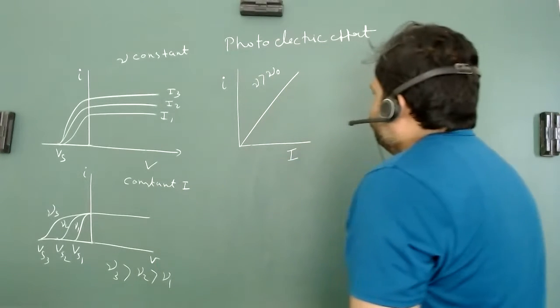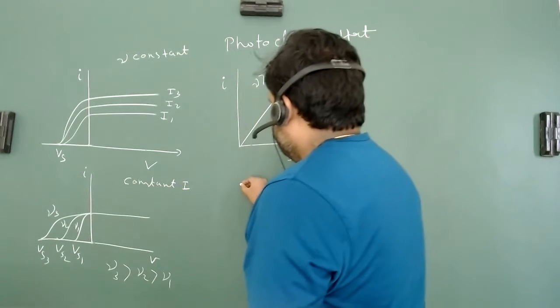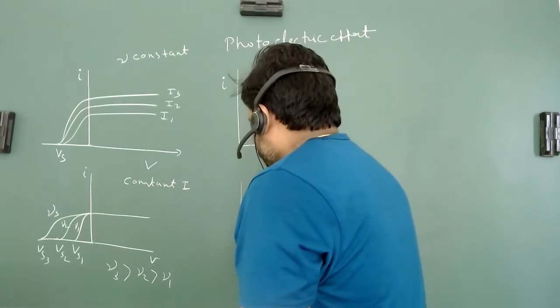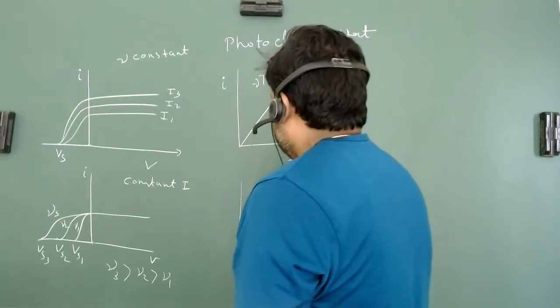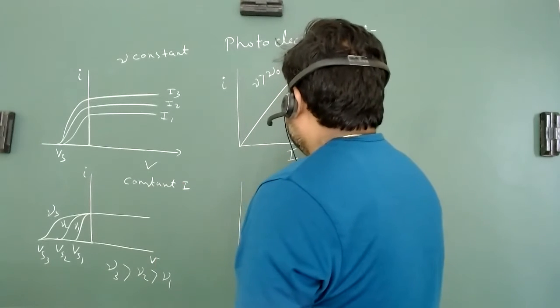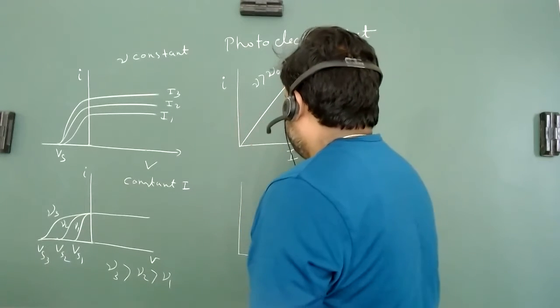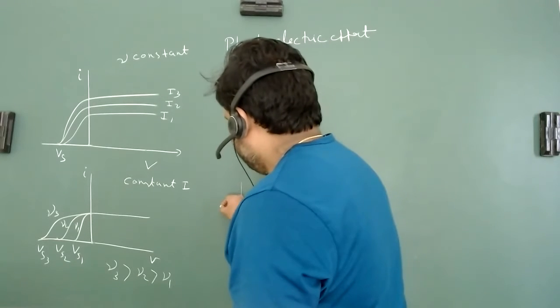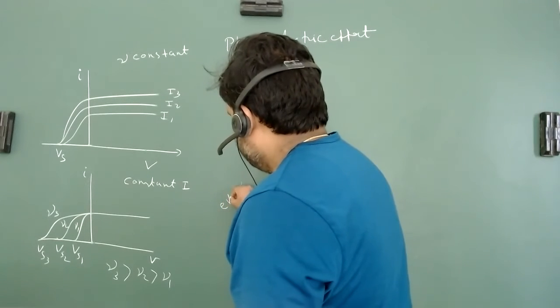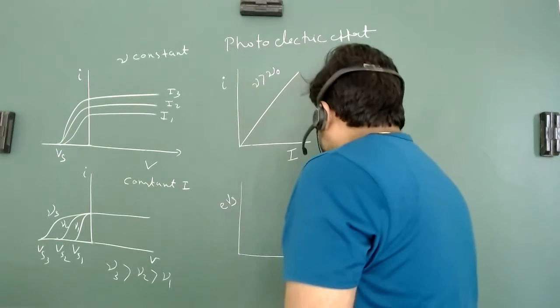The other curve is stopping potential versus frequency.